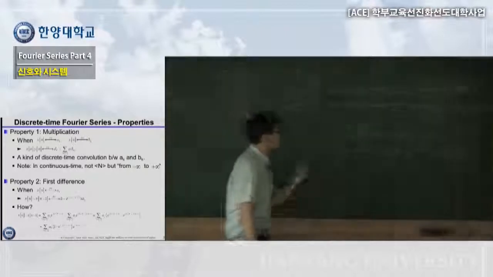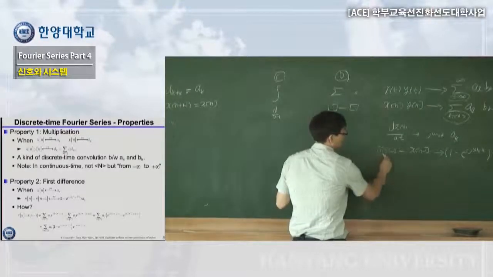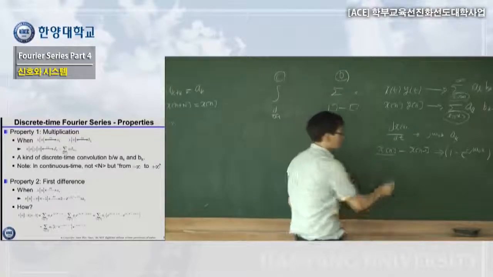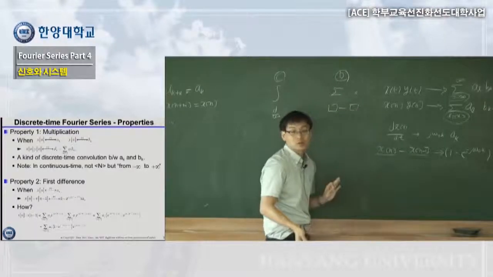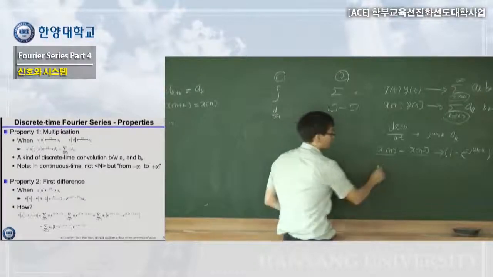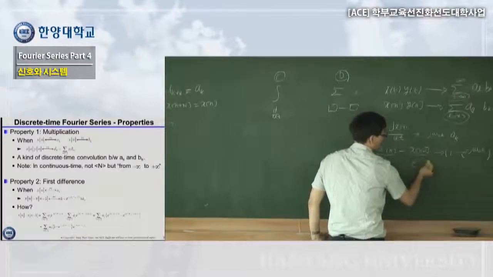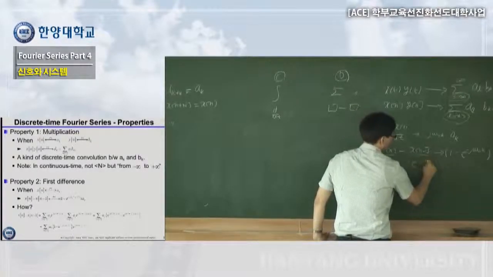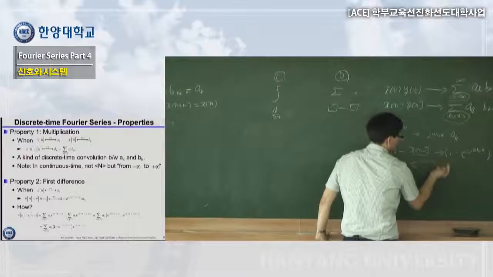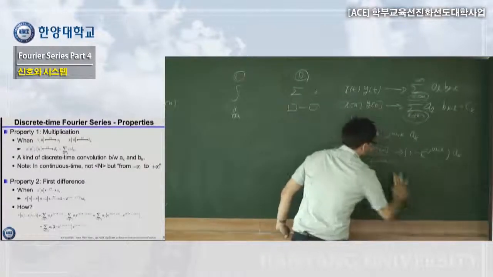Because you can consider this one as the original signal, and this one is the time-shifted version of the original signal. For the time-shifted version of the original signal, a_k is what? In continuous time, there will be e to the j omega_0 n_0, something like this. So if you put that in, you make this one like this.